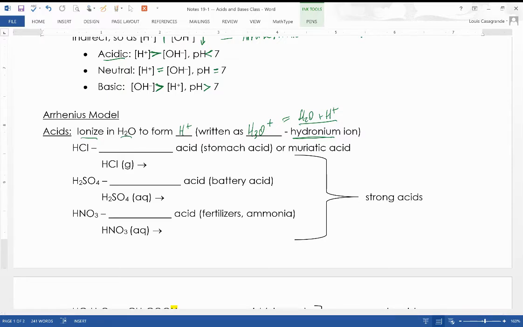HCl. Do you remember the name for HCl? Hydrochloric acid. That's the acid that's in stomachs. You can also buy it in the hardware store as muriatic acid, and you can use it to clean concrete.